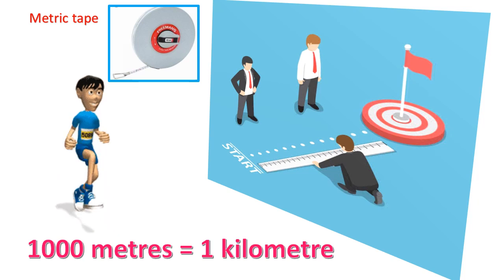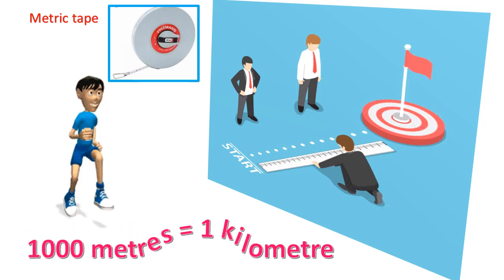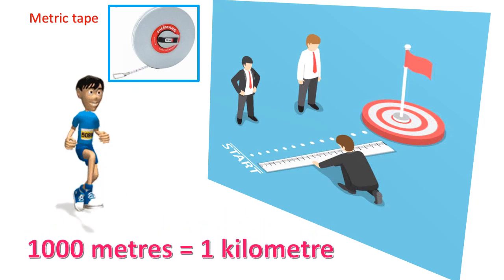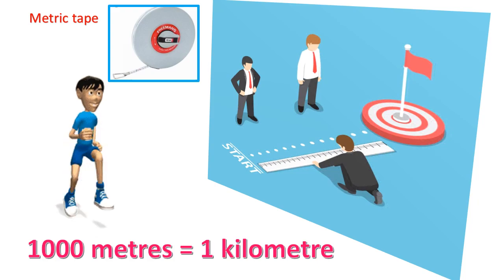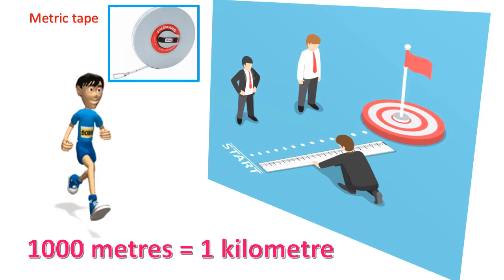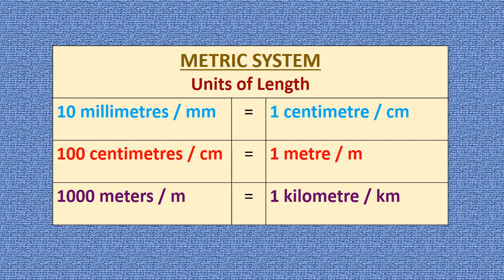Such 1000 meters together make 1 kilometer. So now we know that 10 millimeters make 1 centimeter, 100 centimeters make 1 meter, and 1000 meters make 1 kilometer.